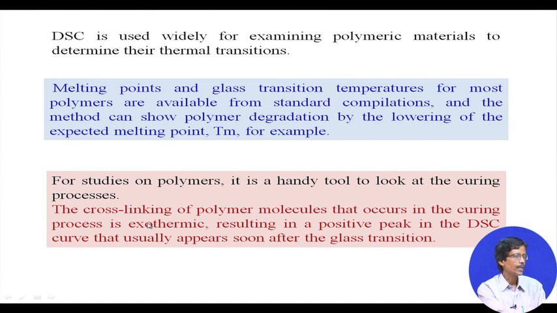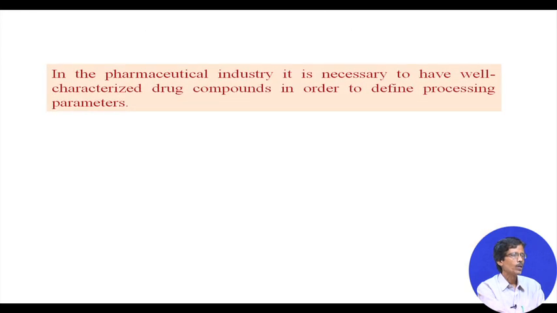The cross-linking of polymer molecules that occurs in the curing process is exothermic, resulting in a positive peak, that means an upward peak of the DSC curve, and usually appears soon after the glass transition. So what do we get after the glass transition? We should know the glass transition temperature and where the cross-linking appears relative to it, which we can know from a good DSC plot.